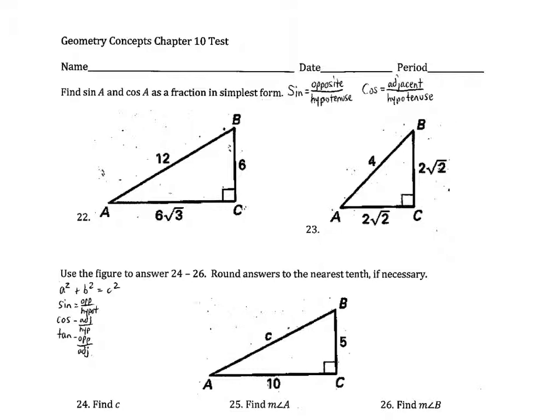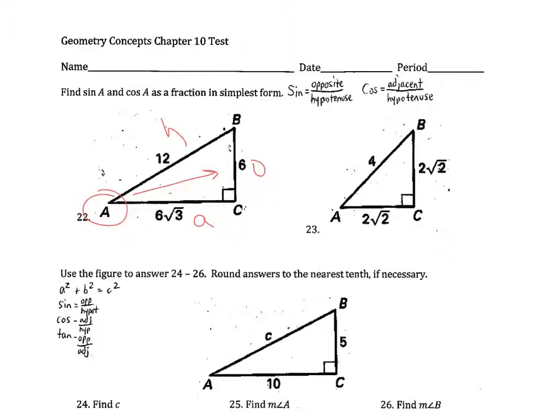Now, on 22 and 23, very similar to the tangent problems that you just did, only you need to find the sine of A and the cosine of A. So all you need to do is, that means angle A is our reference point. So that means we go over, this would be the opposite, this is the adjacent, obviously that's the hypotenuse. So you're just going to set it up, using one with sine and one with cosine.